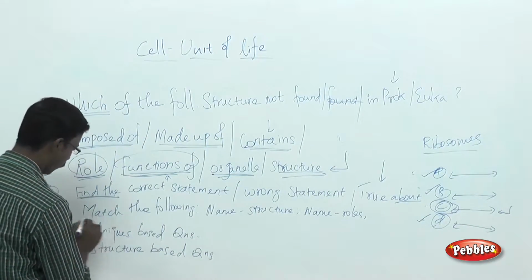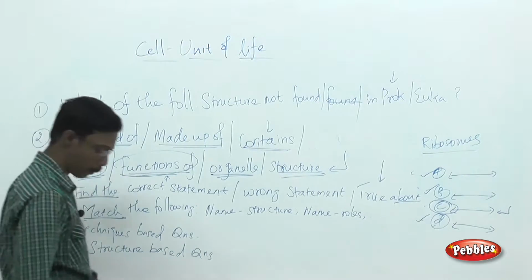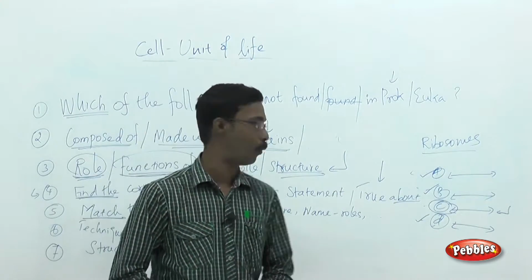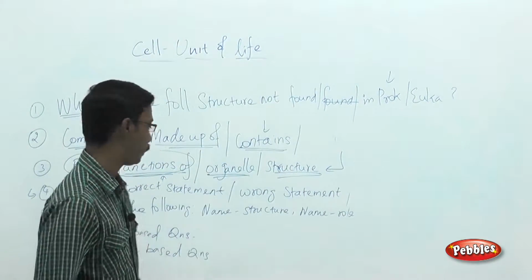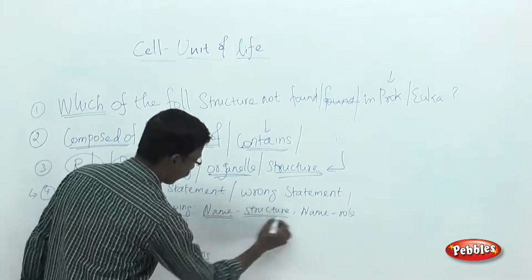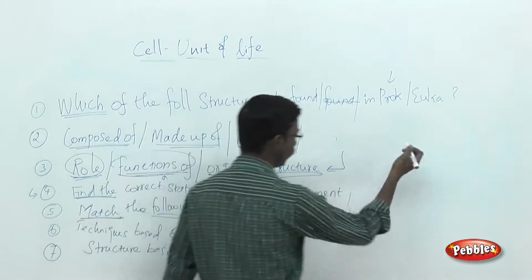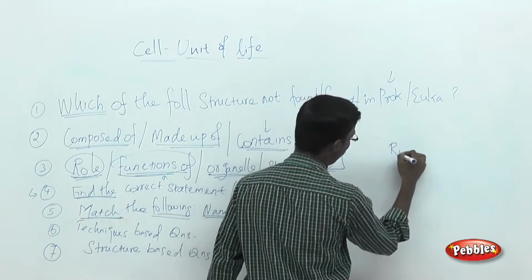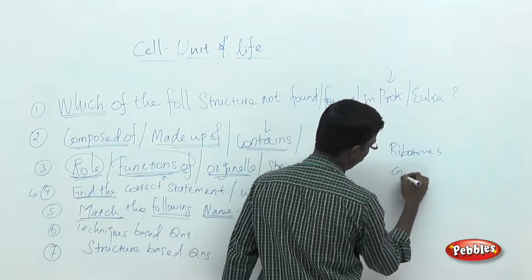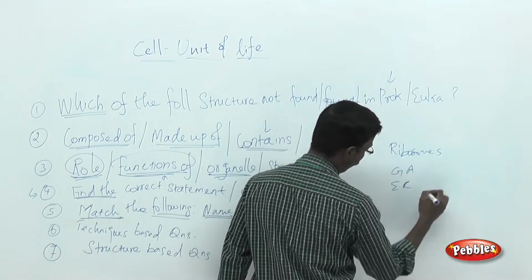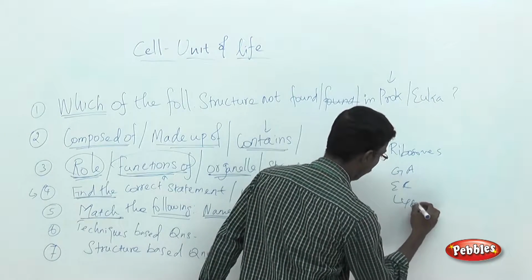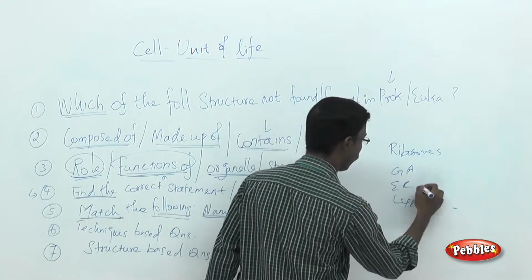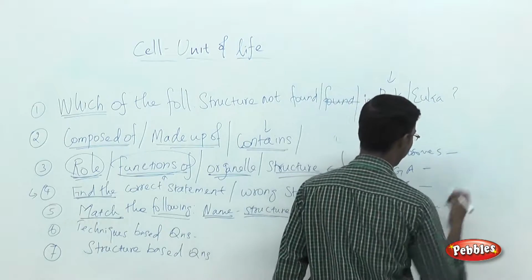Okay, and one more common type of question you can expect from the particular unit, the match the following. So this is one of the most confusing questions, because they'll give the name and structure. For example, ribosomes, Golgi apparatus, endoplasmic reticulum, and lysosomes, and they will provide their structure.